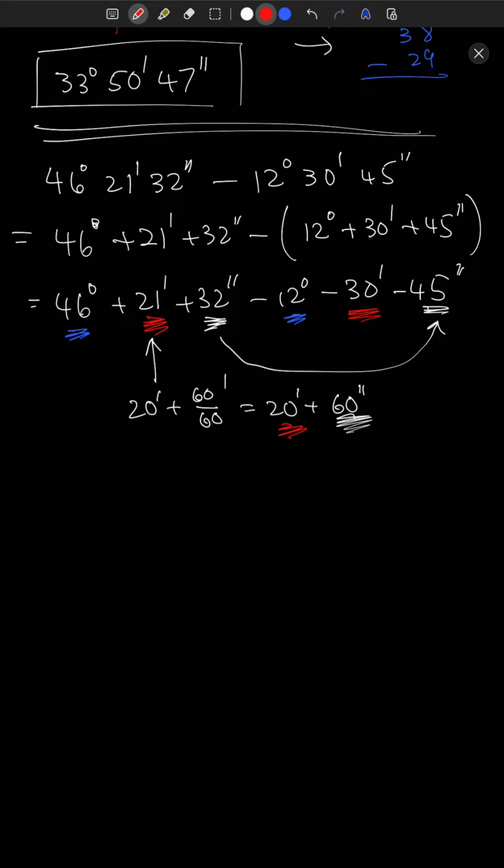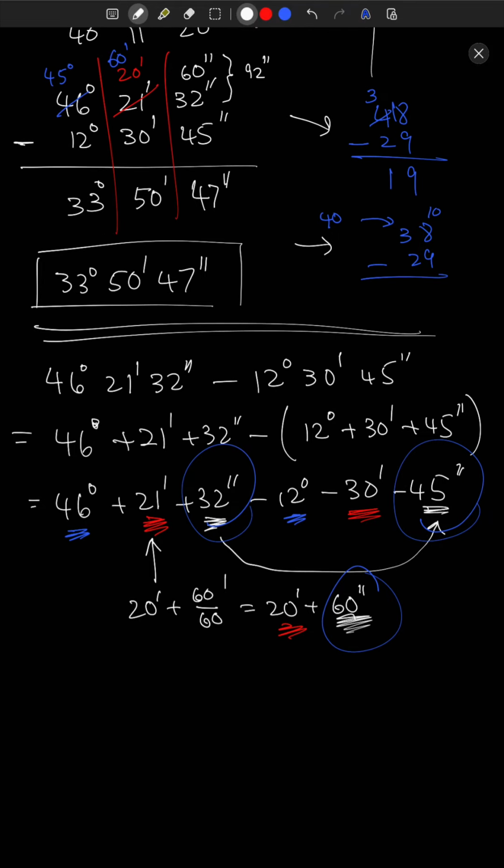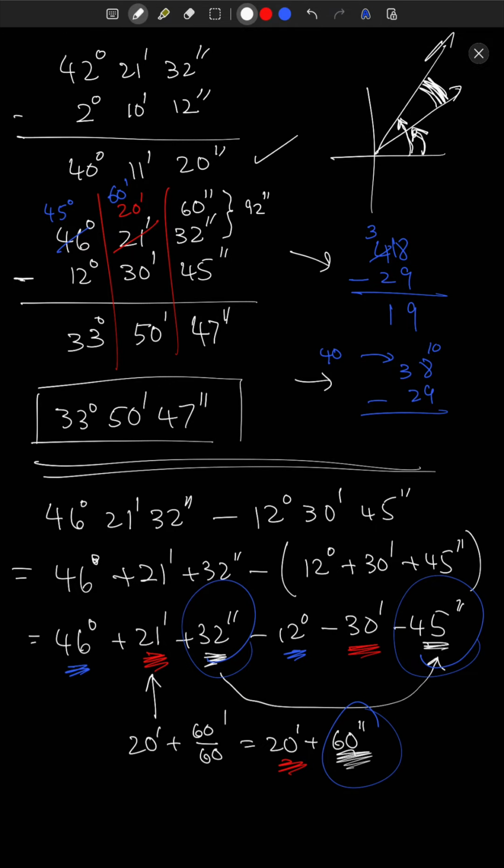All right, and again, of course, this 60 plus this 32 minus the 45 is a positive number. Of course, you could in a way cheat these problems by just converting everything to decimals, subtracting in terms of decimals, and then converting back to minutes and seconds.